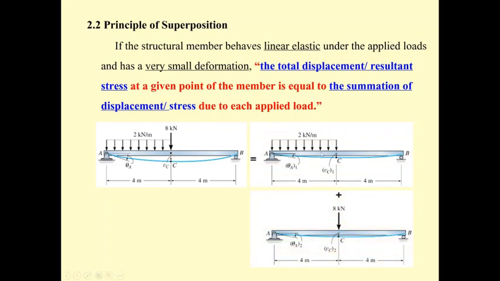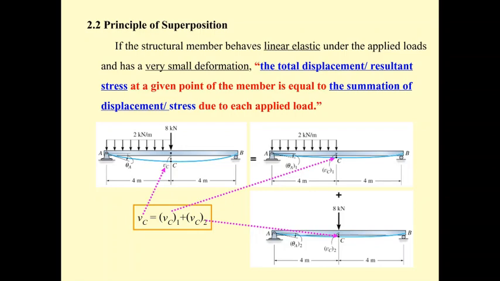And then we use the deflection table to determine the equation of the deflection at the middle of this beam and also at the middle of this beam. Then by the principle of superposition, we will combine V sub C1 with V sub C2 to obtain the total V sub C. This is the example that we have.